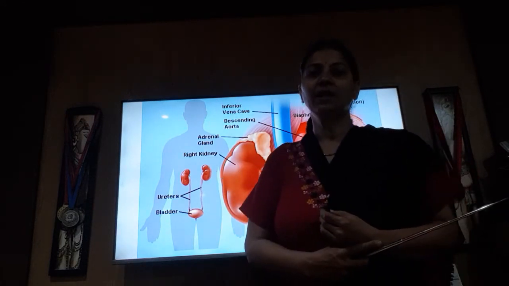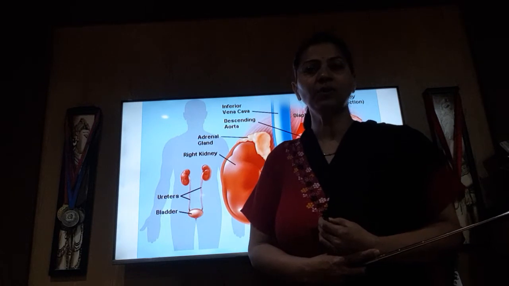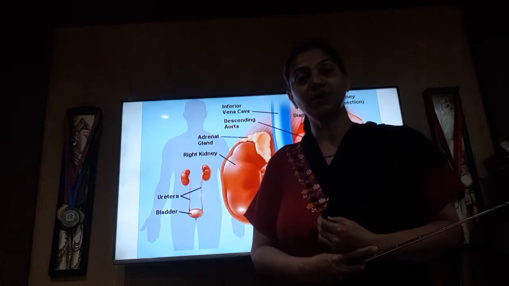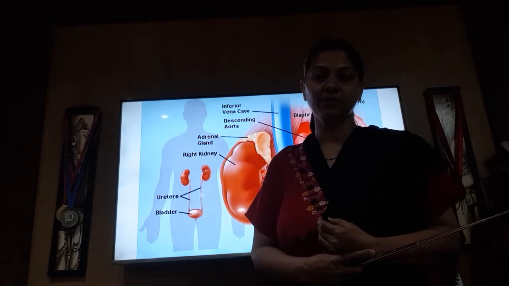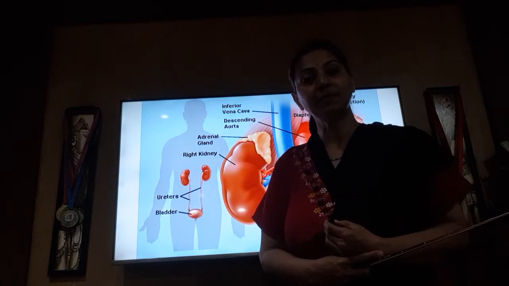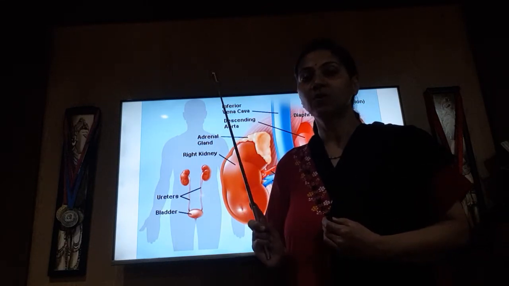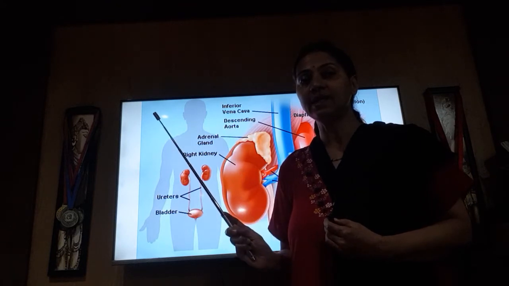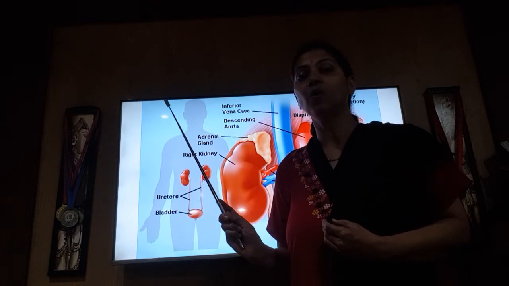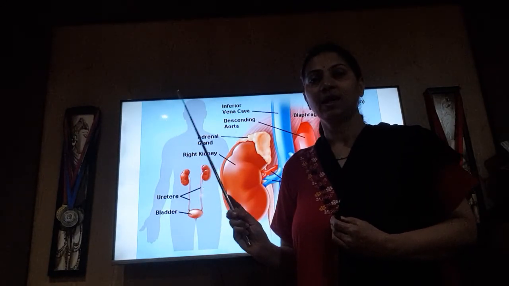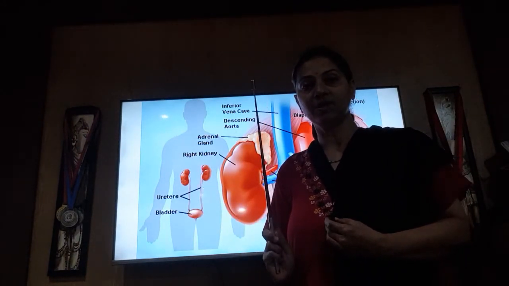But in abdomen, if we talk about its position in relation to the compartments of abdomen, we have got 9 compartments of abdomen. What are those 9 compartments? Right upper region is called right hypochondriac region, and in the middle, epigastrium.